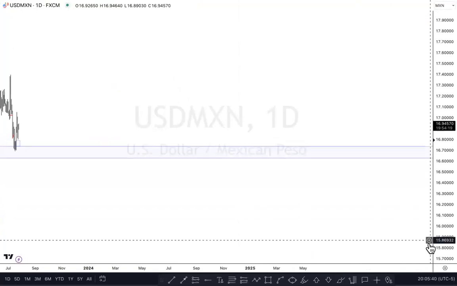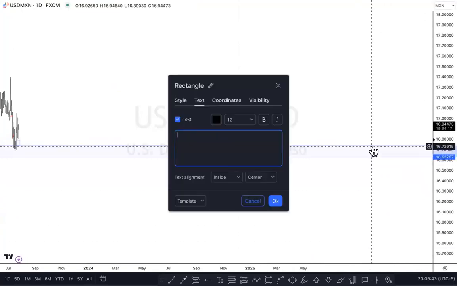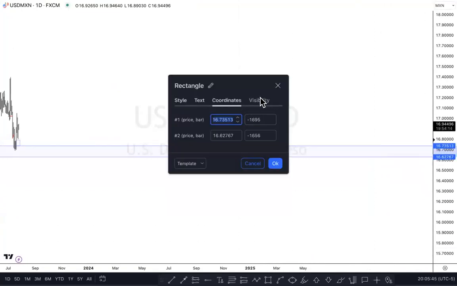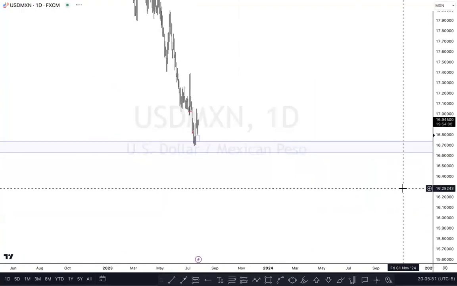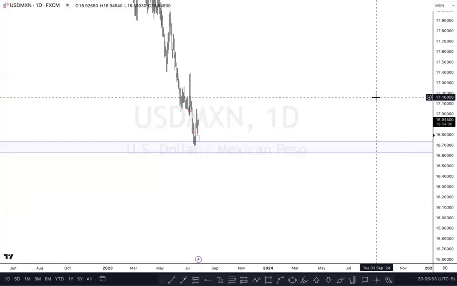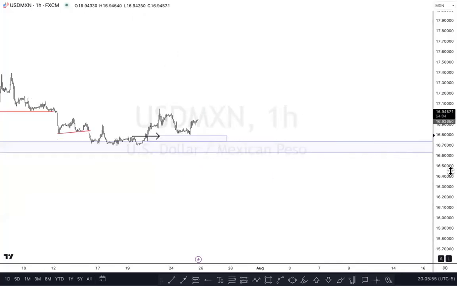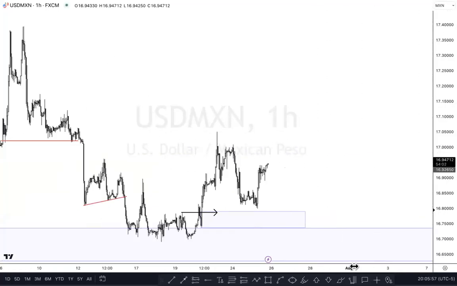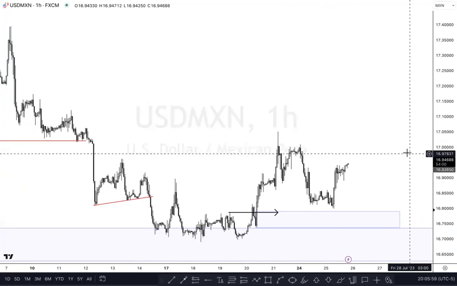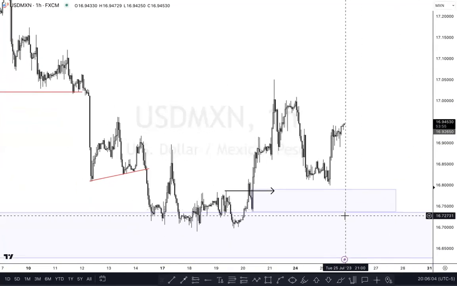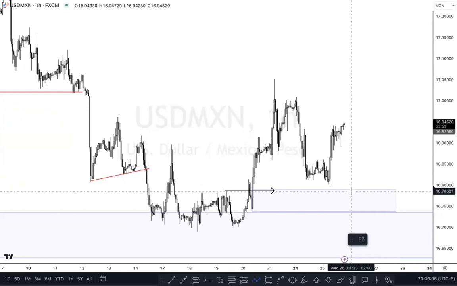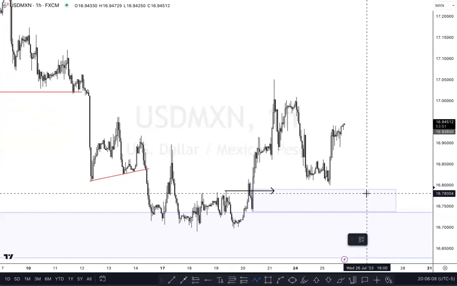Where did I draw this to? Hold on. Oh, it's just like an infinite. Okay, it is what it is. So let me get peso out here for y'all. This could be a very, very long-term swing. A very, very long-term swing.